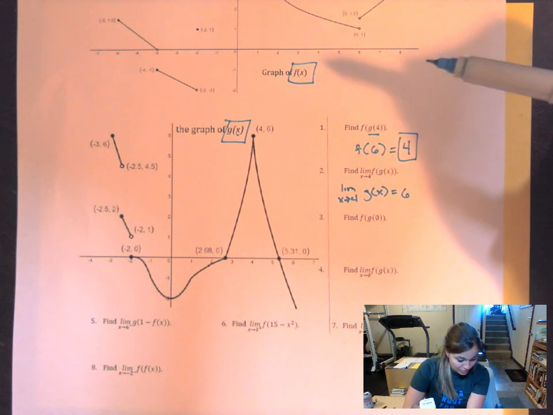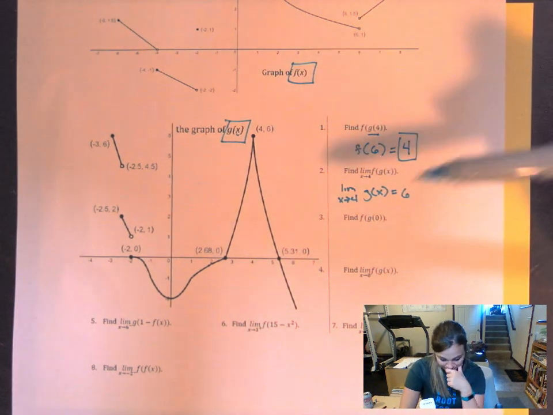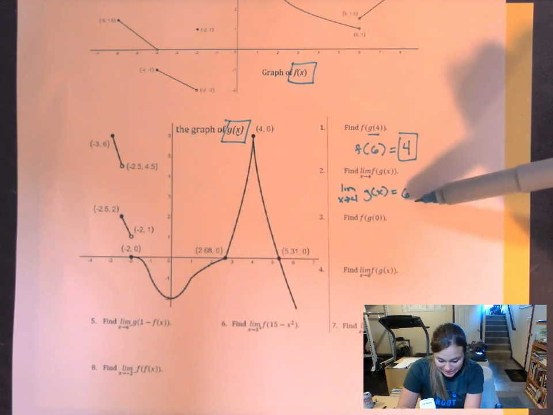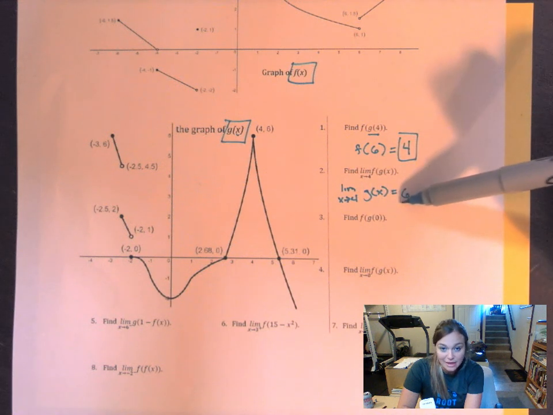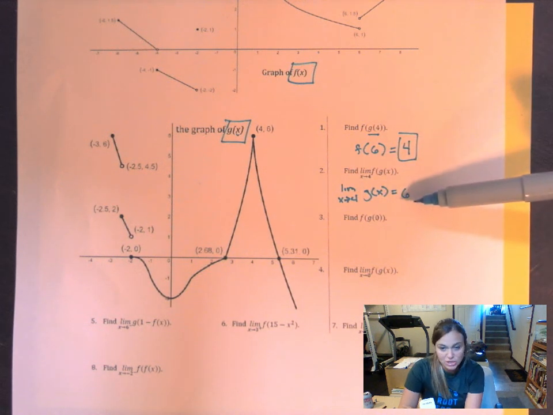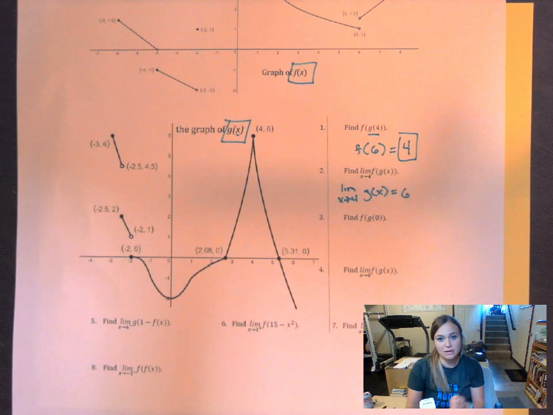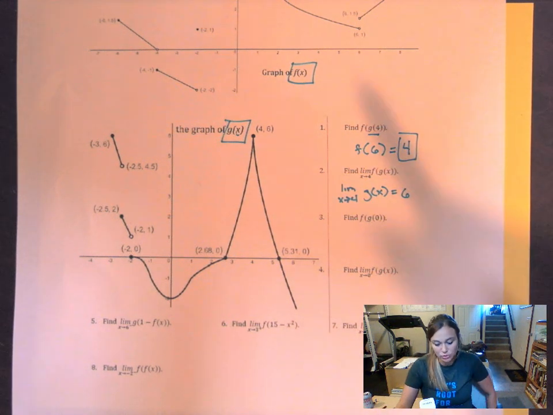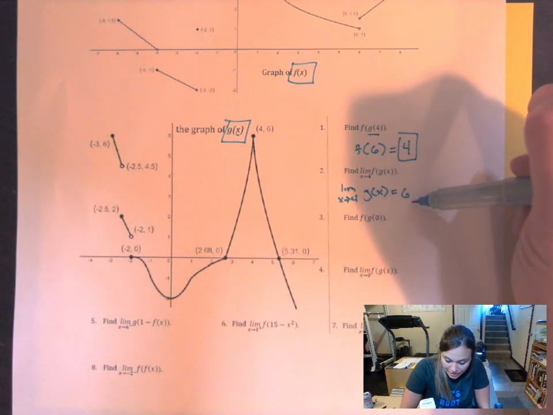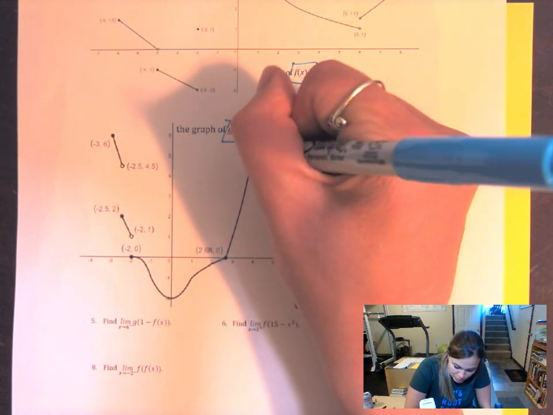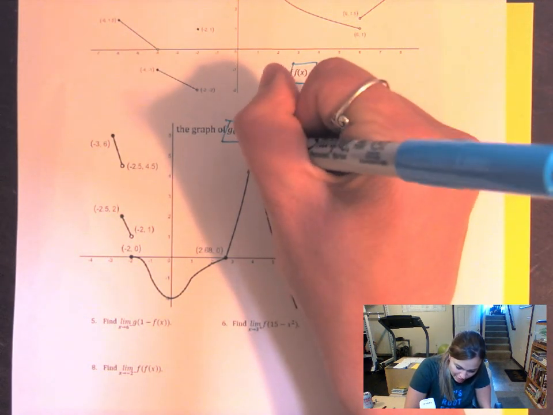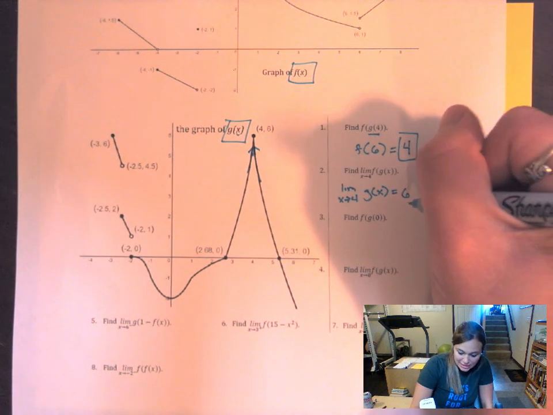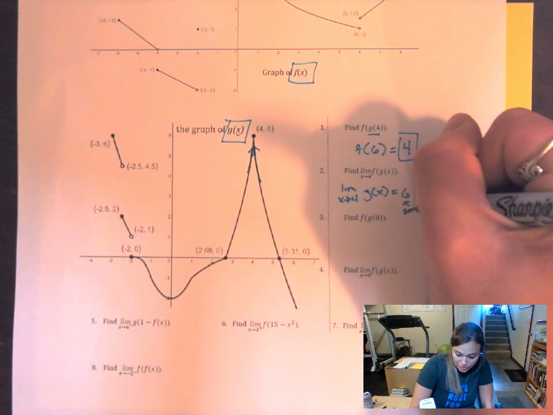So what I need to do is think about, okay, when I got 6 here, the limit as x approaches 4 of g of x, was this just 6 or was it below or above? So where were those values approaching? If I look here, do you see how these y values are increasing? So this is coming from below.